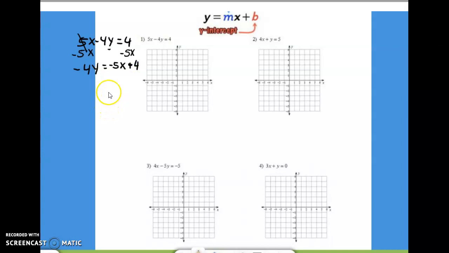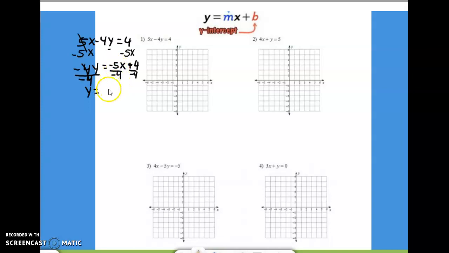Now I'm going to take that negative 4 and divide it out, because I want to get y by itself, right? Now remember, when I do the negative 4, I'm going to do it to both of the terms. It's very important. So I'm going to have y equals, well, I have negative 5 over negative 4.